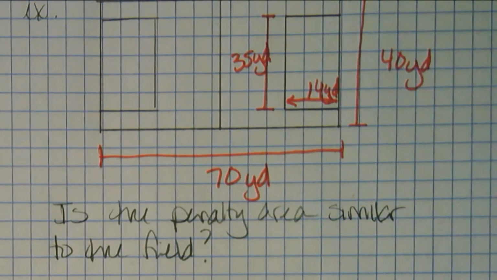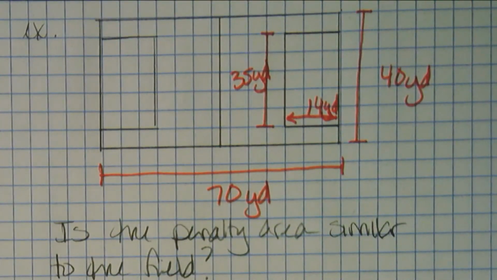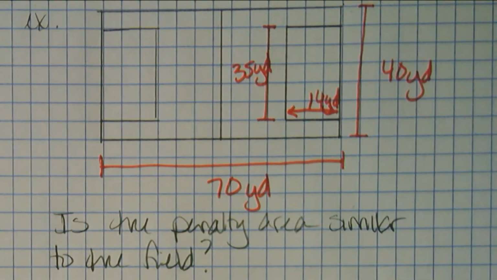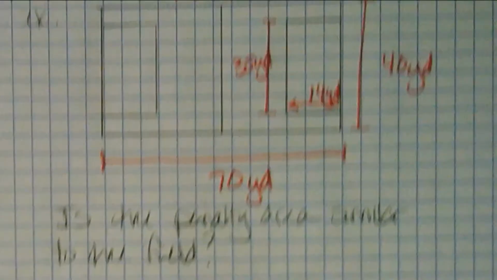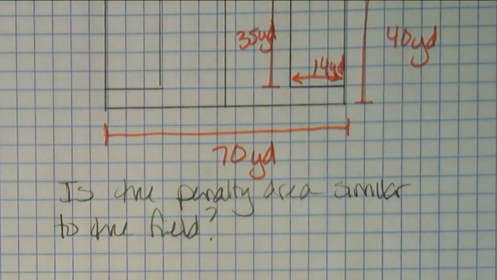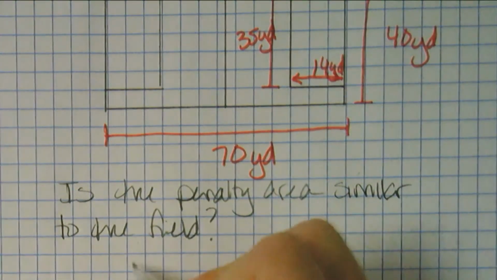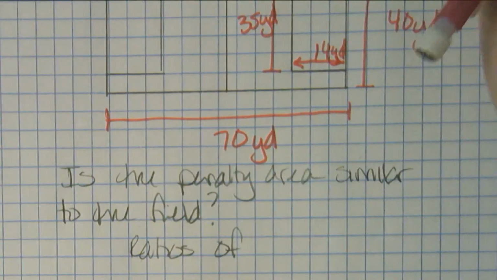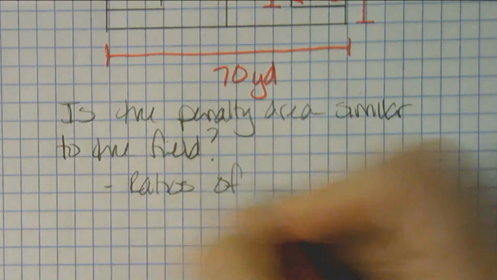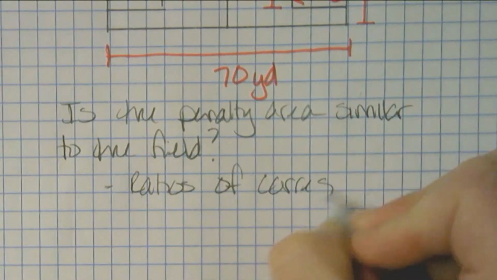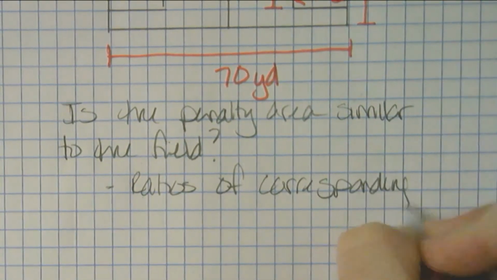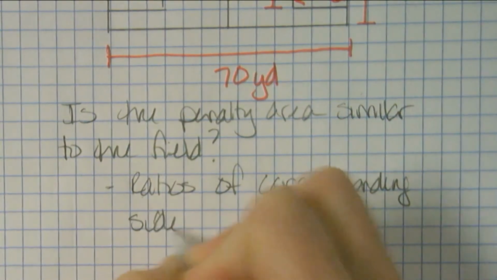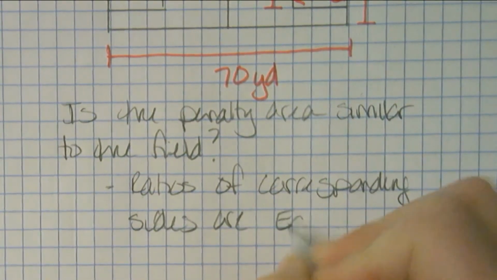Now, if you want to put letters on this to make it easier to write these ratios, that's fine. If they're similar to each other, that means our ratios of corresponding sides are equal.